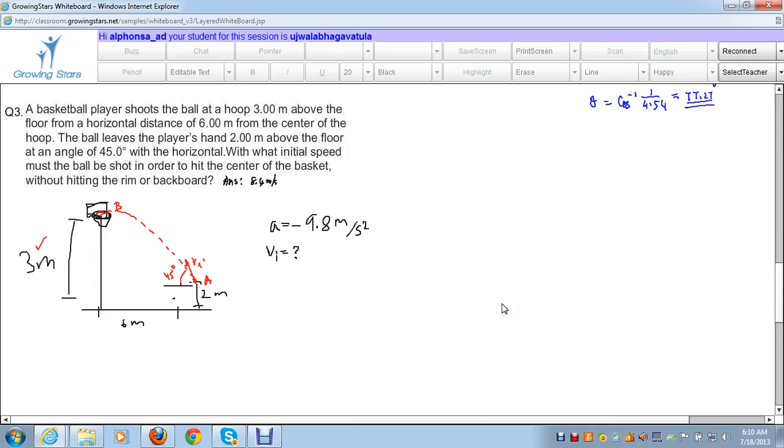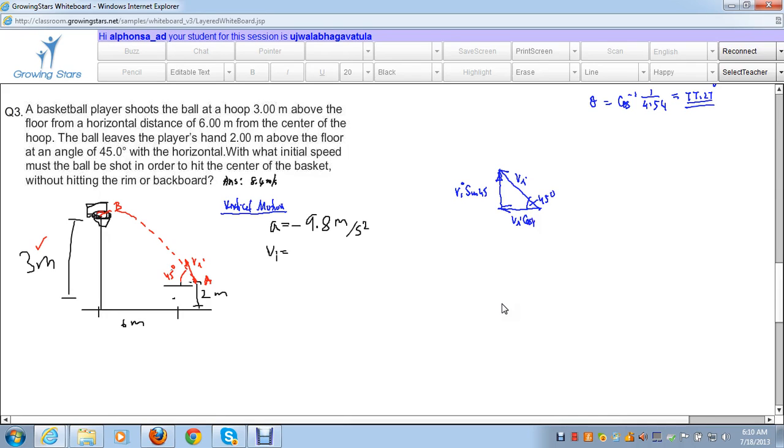We are analyzing the vertical motion, isn't it? It's the vertical component of the initial velocity. This is the initial velocity, and it has two components, one horizontal and one vertical. The angle is 45 degrees, and this is VI. So the vertical component should be VI sine 45, and the horizontal component should be VI cos 45.